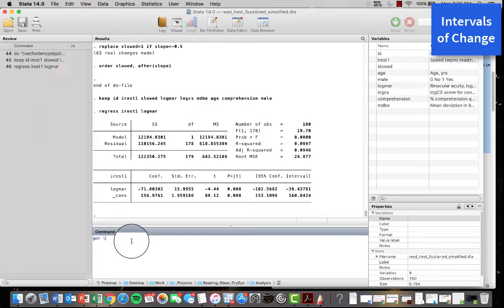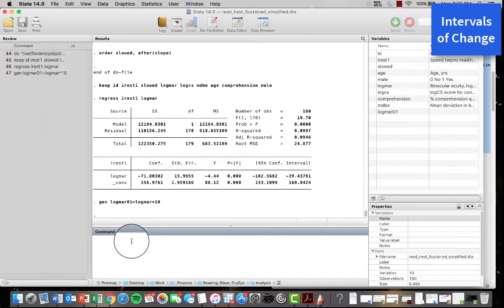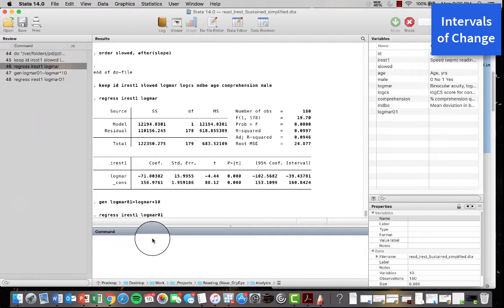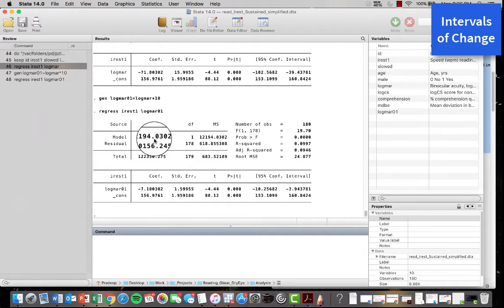So it's better instead to create a variable logMAR 0.1, which is equal to 10 times logMAR. When we do that same regression now, we see that the unit of change is 1/10 as much.